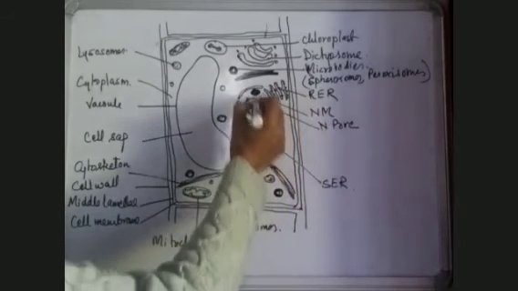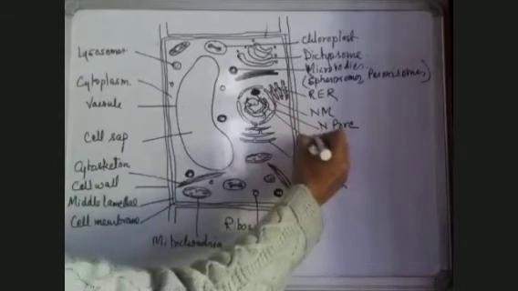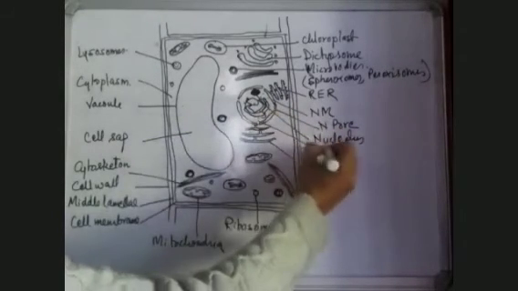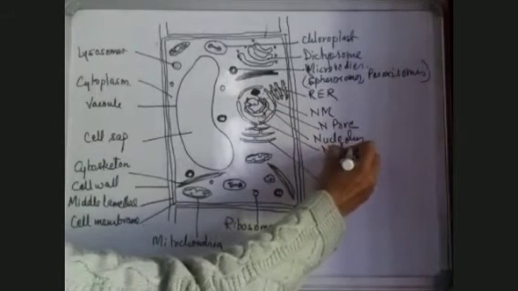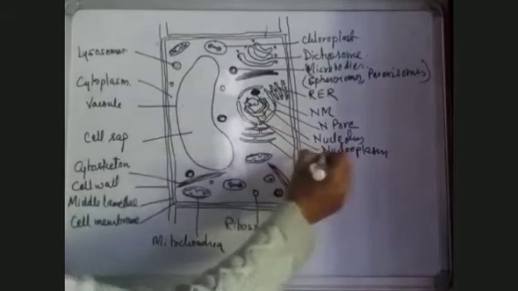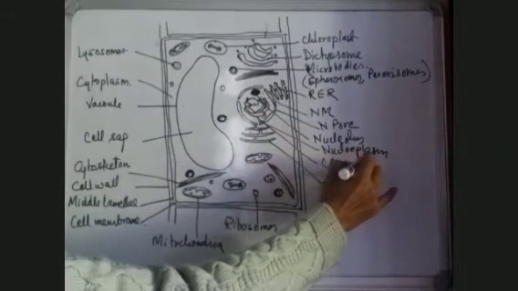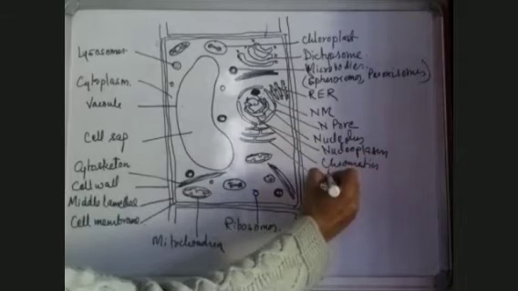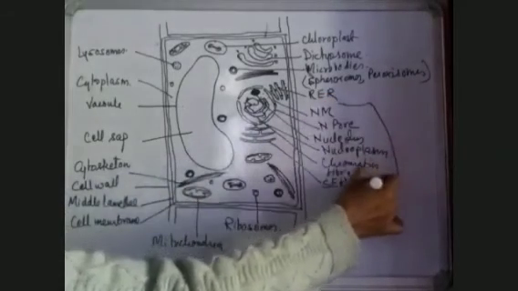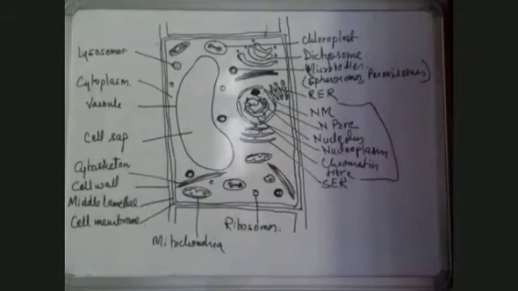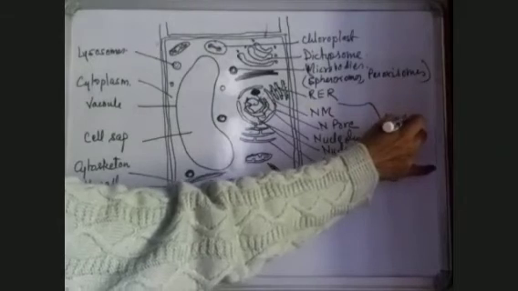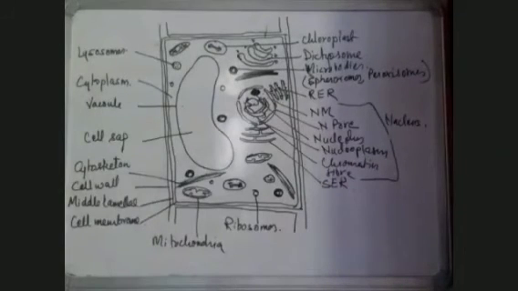We have this nucleolus, the nucleoplasm, the chromatin fiber. And all this from nuclear pore to the chromatin fiber, these are the various components of nucleus.